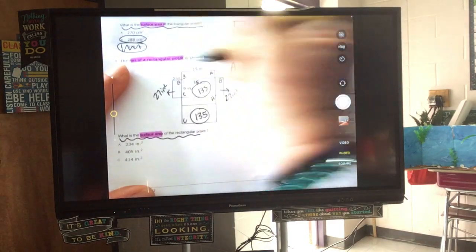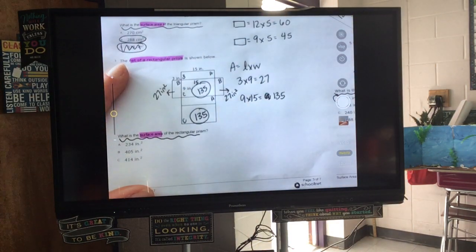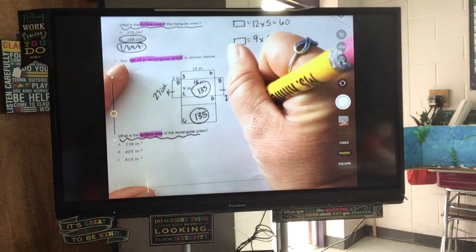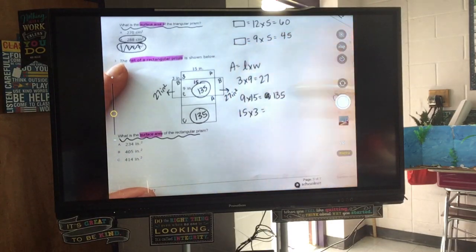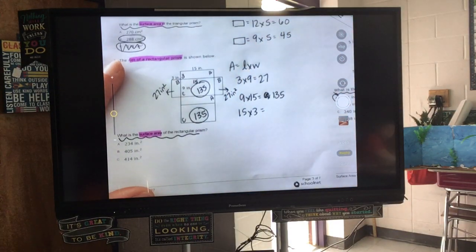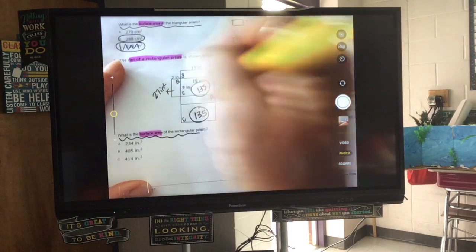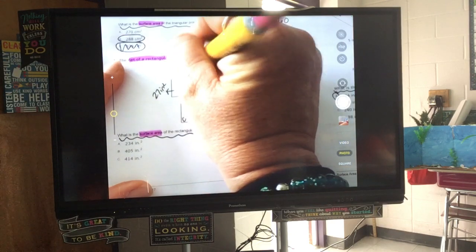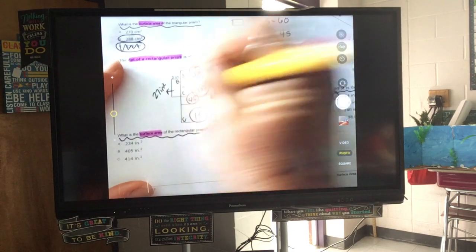All right, so you're telling me that this side is 3. Okay, so we're gonna do 15 times 3, and what does that give me? Are you sure? Wait, 45. Okay. So this is 45, and this one is gonna be 45.